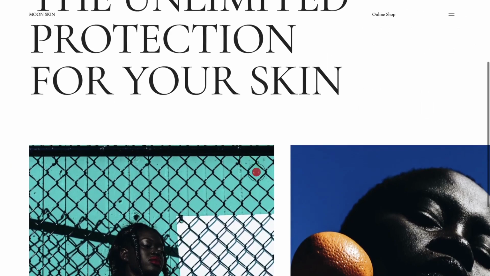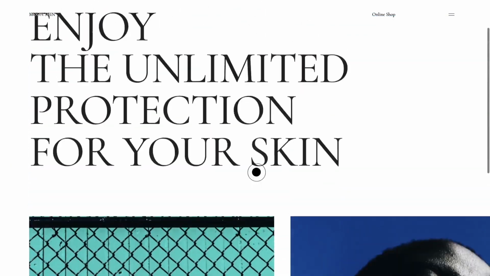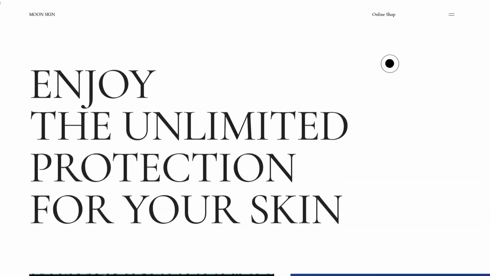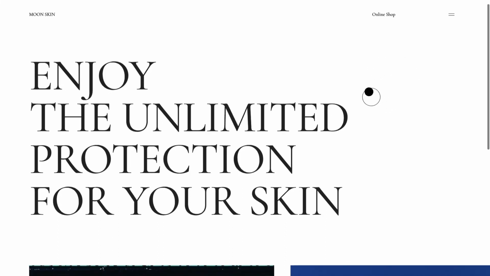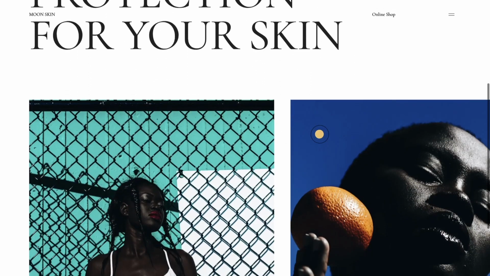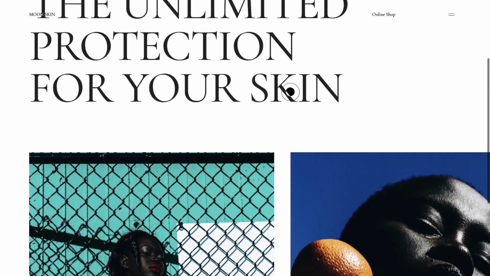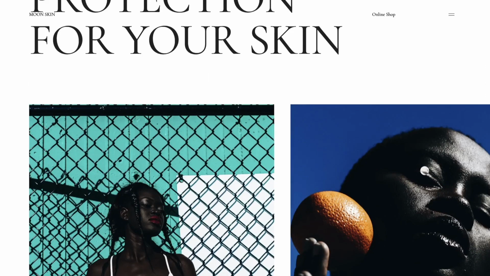In the previous video we got to the point where we added a custom cursor, with a secondary cursor that follows the main cursor, and the main cursor has a mix blend mode of difference to get this overlay effect.